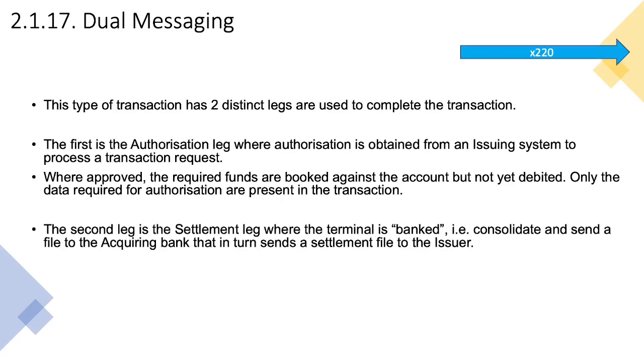In that banking, it would send up a whole lot of settlement messages, 220 messages, and these messages contain the balance of the information required for the bank to proceed with debiting the reserved funds of the account that it applies to.